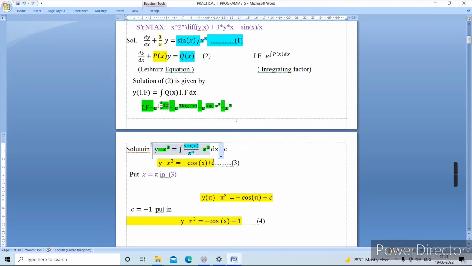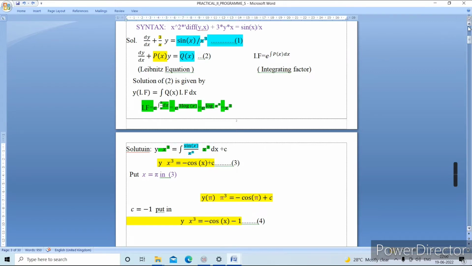Now here is a constant. We will check this in my software. You can also write this as y is equal to c minus cos x by x cube. Now I will first calculate this constant c using the initial condition, and the initial condition is y at pi.